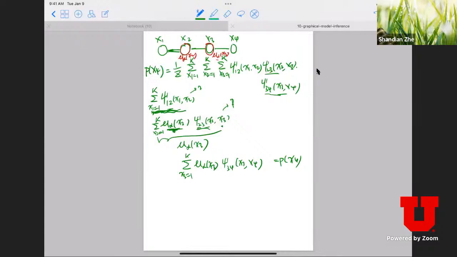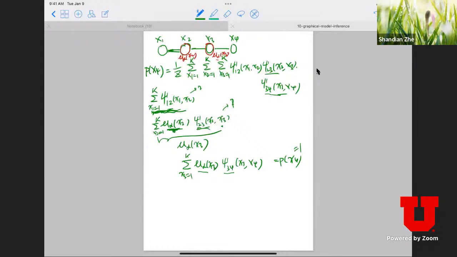And again, I want to emphasize, right? You take x4 equals 1, of course the corresponding psi 3,4 potential function will change. And you need to enumerate all possible values of x3, read out the values of mu alpha x3 and sum over them, right?